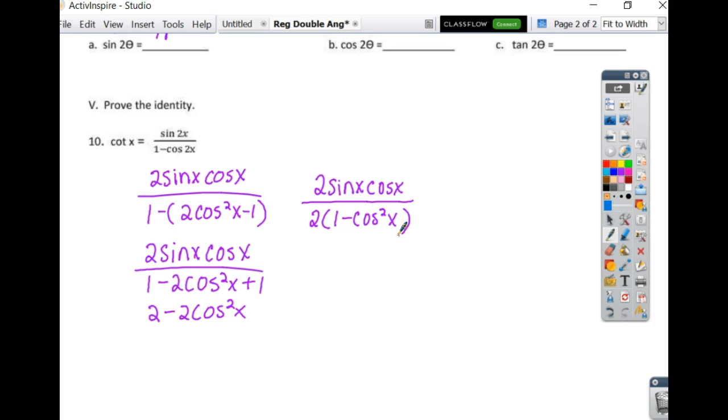Okay, so I just factored the 2 out of here. And when I do that, first of all, the 2's cancel. So we're all happy about that. And the next thing, 1 minus cosine squared, what does that equal? Sine squared. So now I have sine of x cosine of x over sine squared of x.